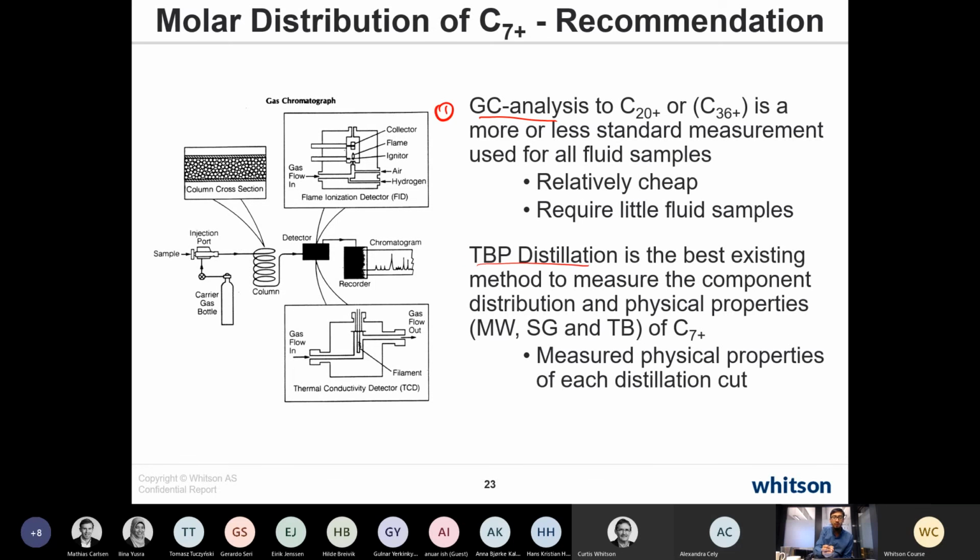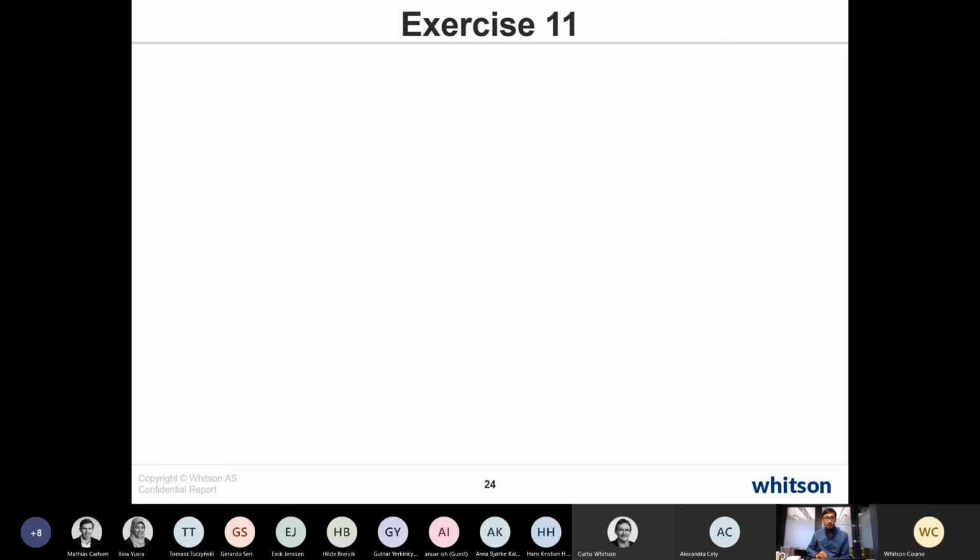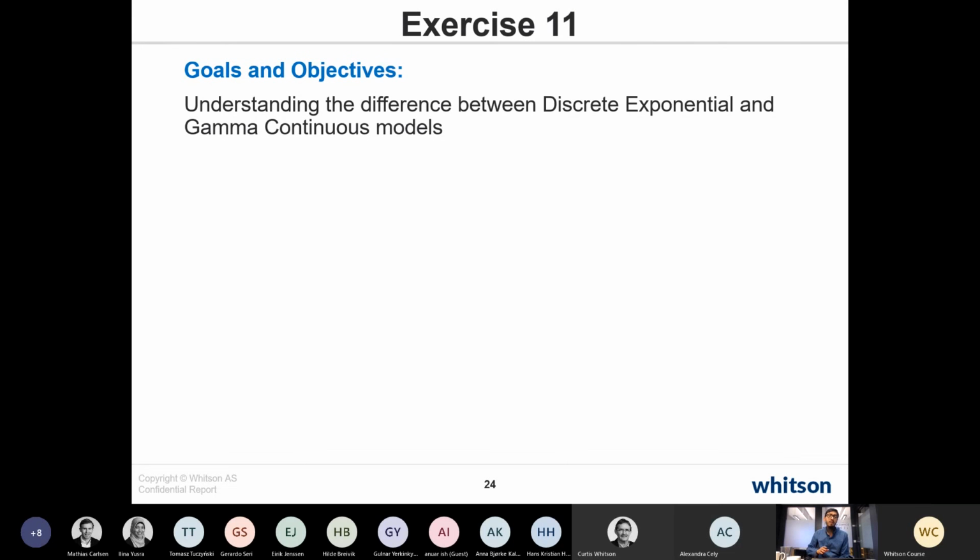These are the two different data types that you can use for the distribution model development. The exercise we have here is not super important to do, so we'll skip that, and we have a more comprehensive exercise on the gamma distribution model development tomorrow that we will go through.